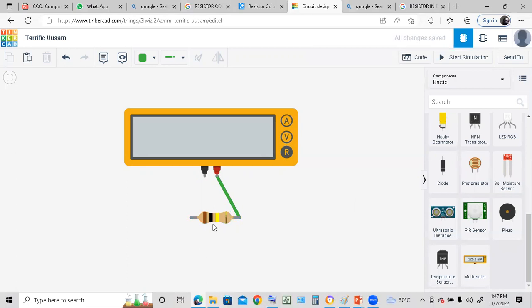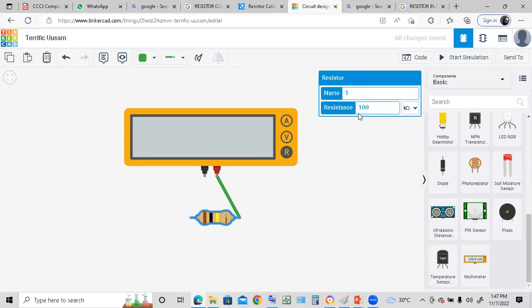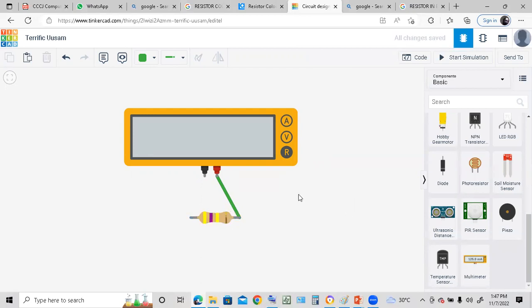What's the value of this resistor? What number corresponds to yellow? 4. What number corresponds to purple? Purple is the same as violet. What number corresponds to that?